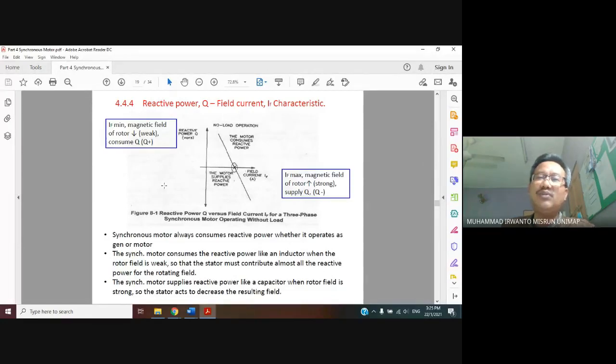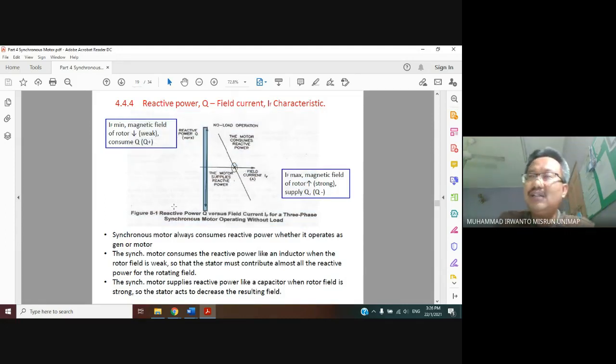Now we want to know the reactive power, field current characteristic. The reactive power versus field current IF characteristic can be shown by this curve, with field current as the horizontal axis and reactive power as the vertical axis.